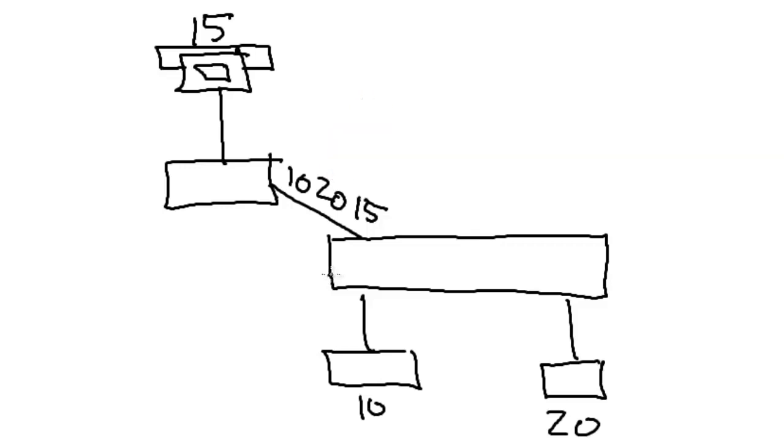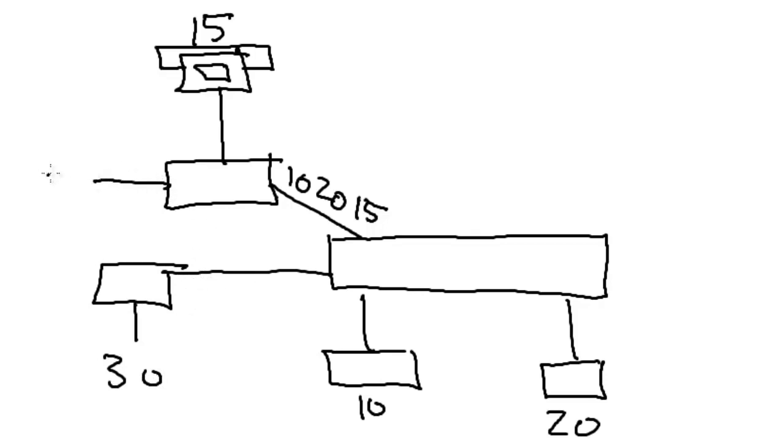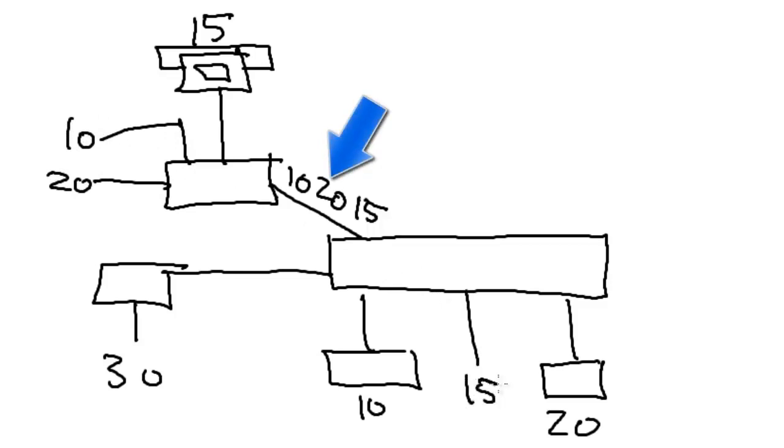If we add a new VLAN 30, we either could or could not allow it to traverse the trunk link. If there's VLANs in other areas of our enterprise, let's say VLAN 10 and 20 and VLAN 15 are scattered throughout, obviously the trunk links are going to be needed in order for traffic to pass over our network.